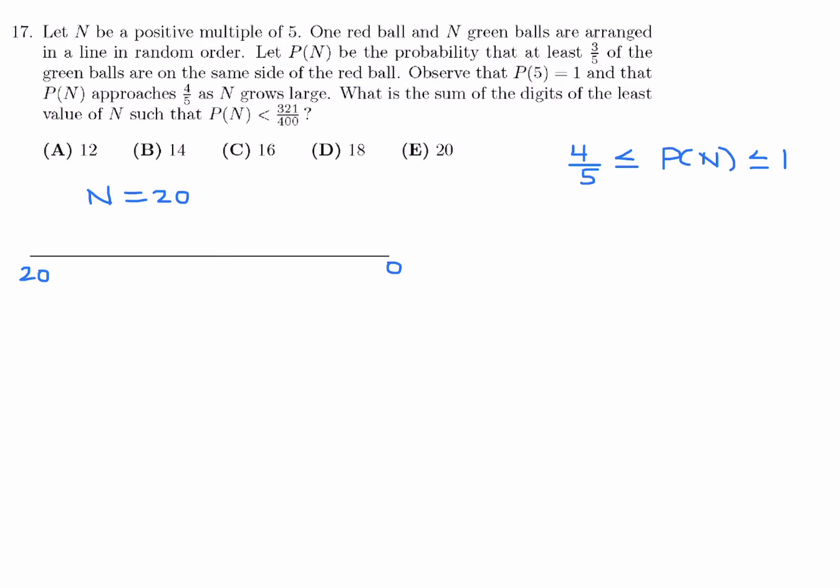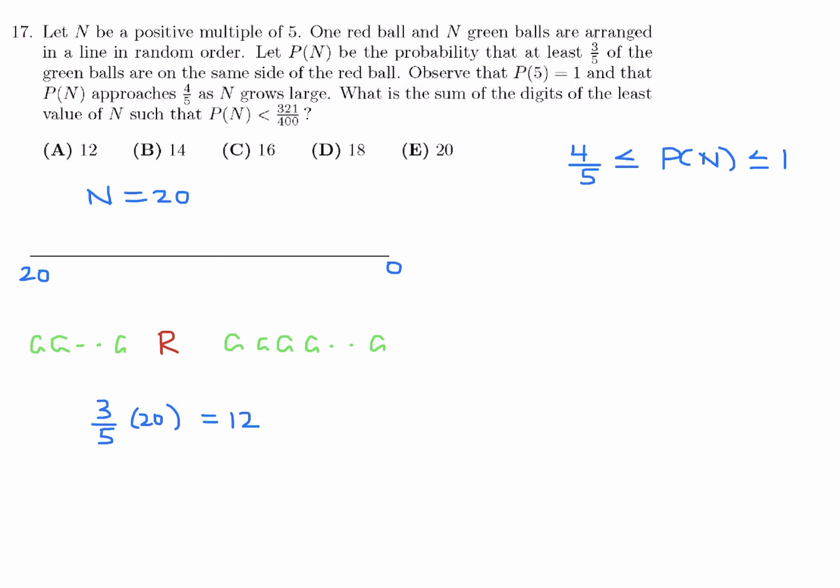There's only one red ball, and the green balls have to be distributed, some on that side, some on this side, in such a way that at least 3/5 of them are on the same side. In our case, n is 20, so 3/5 of 20 is 12. So at least 12 have to be on one side or another.